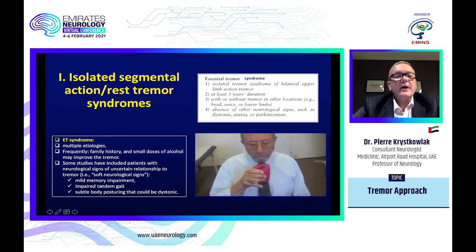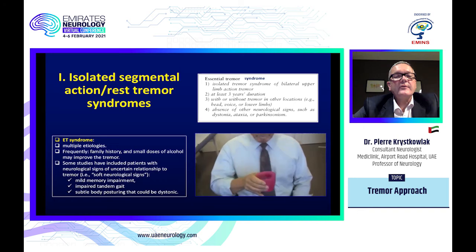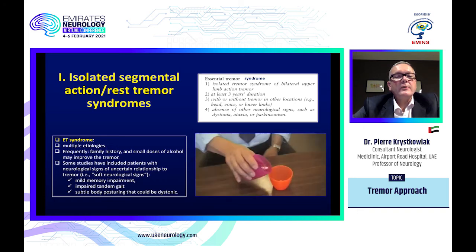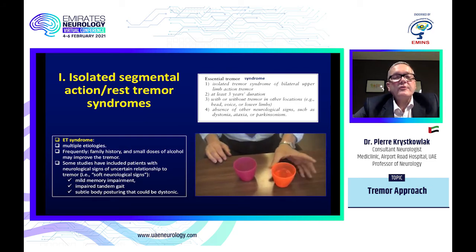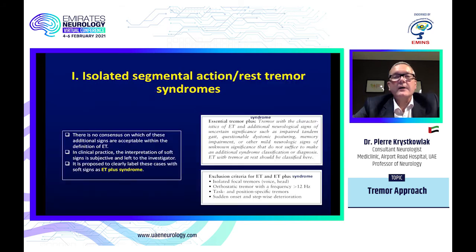Some studies, however, have included patients with neurological signs of uncertain relationship to tremor, which are called soft neurological signs, such as mild memory impairment, impaired tandem gait, subtle body posturing that could suggest dystonia. Even though there is no consensus on which of these additional signs are acceptable within the definition of essential tremor, in clinical practice, when you have these soft signs in addition to the essential tremor, it's proposed to label these cases as essential tremor plus syndrome.